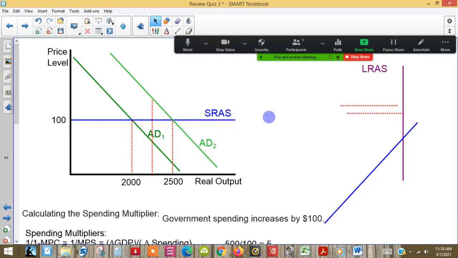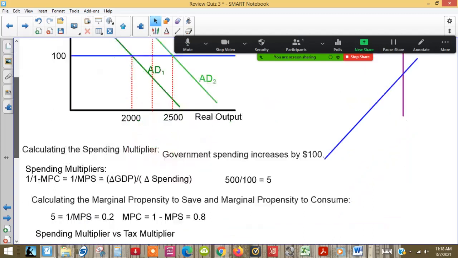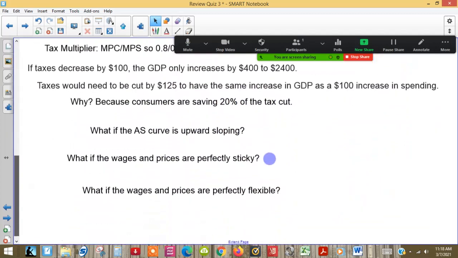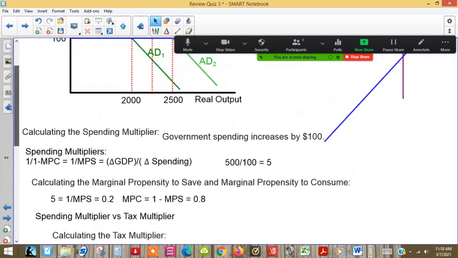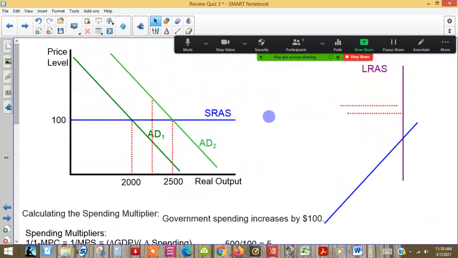Now, what if we have the opposite extreme? What if the prices and the wages are perfectly flexible? Well, that would imply the long run aggregate supply curve, which could be anywhere here, but we'll put it here, okay?